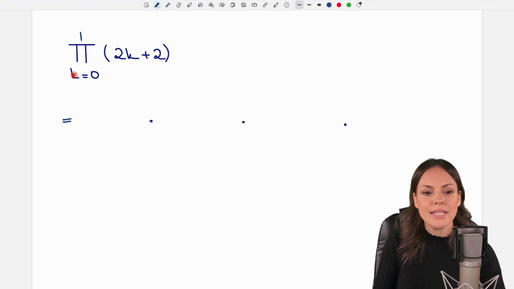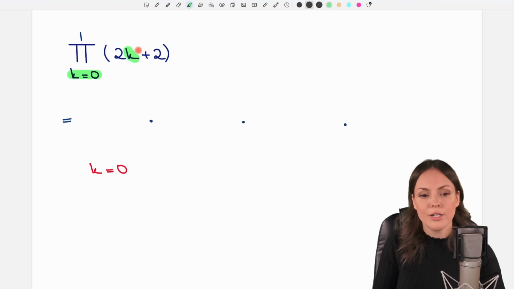And our limits here tell us where we have to start. First, it tells us start at k equals 0. So let's write k equals 0 down here first. This is our first value for k, and for each k that we can find in here, we're going to insert 0.